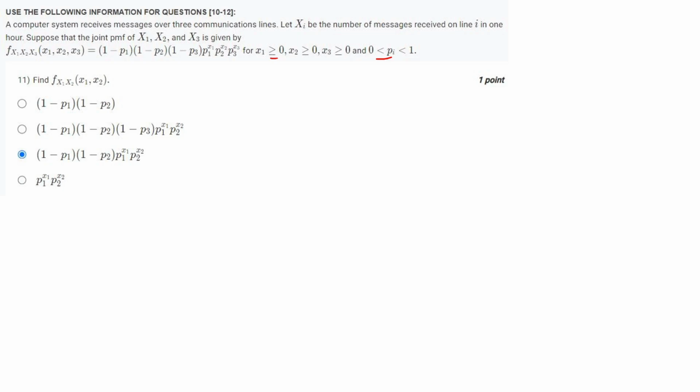So we have to find out the joint PMF f of x1, x2. So how to find f of x1, x2? We have to sum over x3.